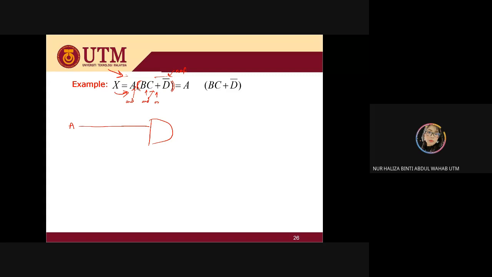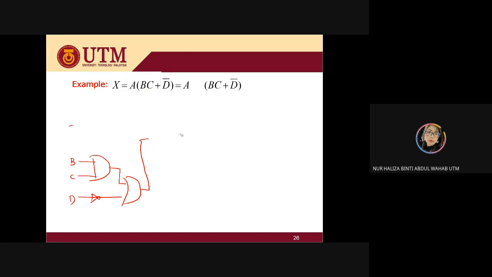Inside this factorized part, I have B and C, and this is an AND gate, and I will OR it with my D bar. And from here, I will end with this. But as mentioned, this depends on your understanding of how you can draw, and you can also follow the mathematical way, which is you do the factorize first.